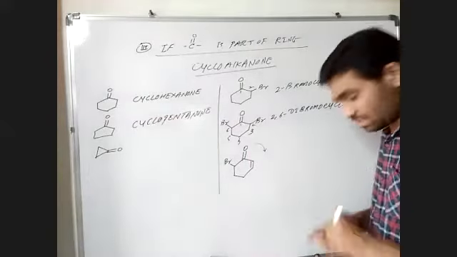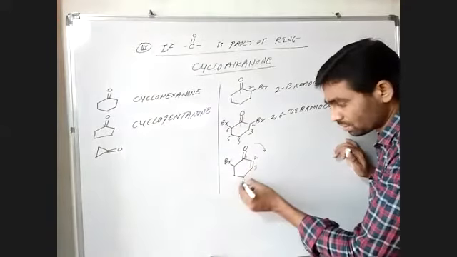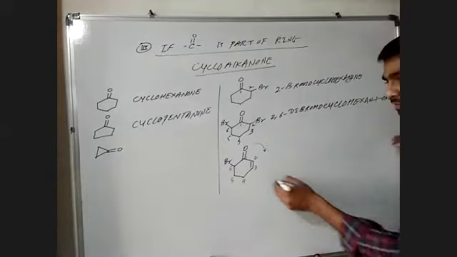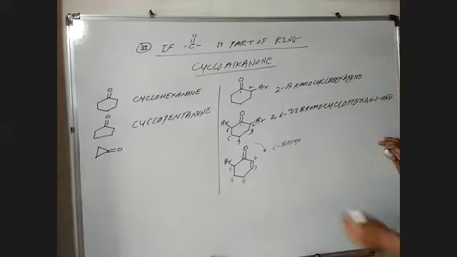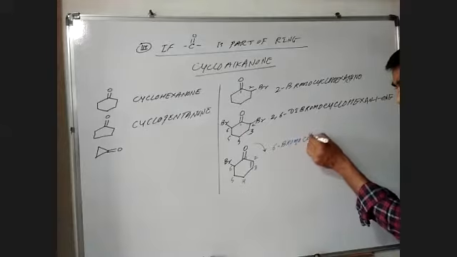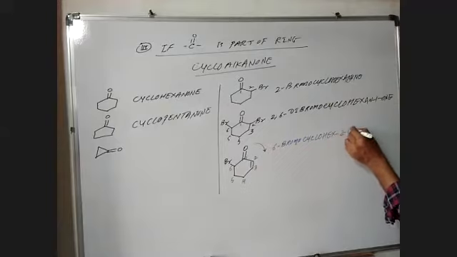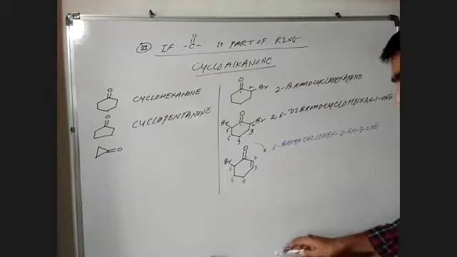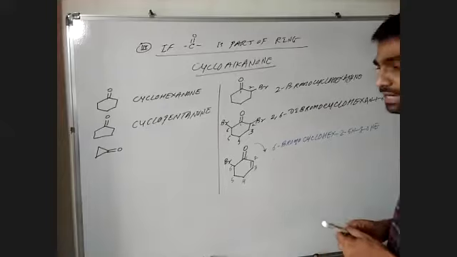We can write number 1, 2, 3, 4, 5, and this name will be 6-bromocyclohex-2-en-1-one. That's right. Yes, right.